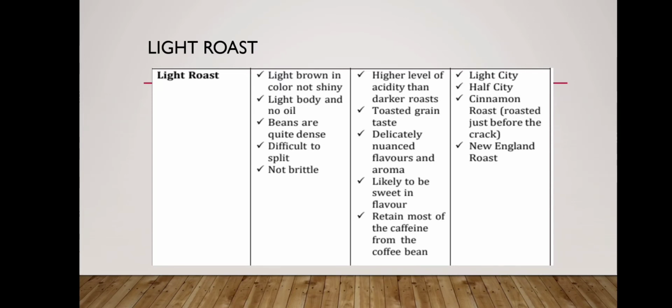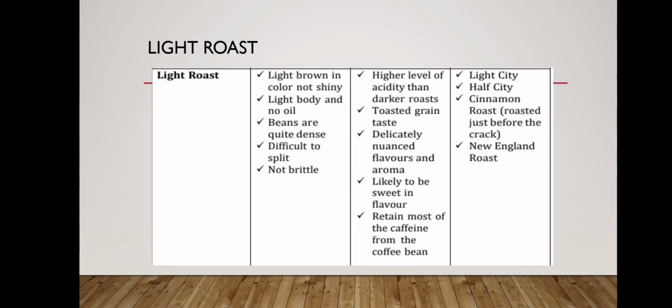Yung third table naman, nagde-determine siya ng flavor. Yung flavor ng ating light roast is higher level of acidity than darker roast, toasted grain taste, and delicately nuanced flavors and aroma, likely to be sweet in flavor, retain most of the caffeine from the coffee bean.